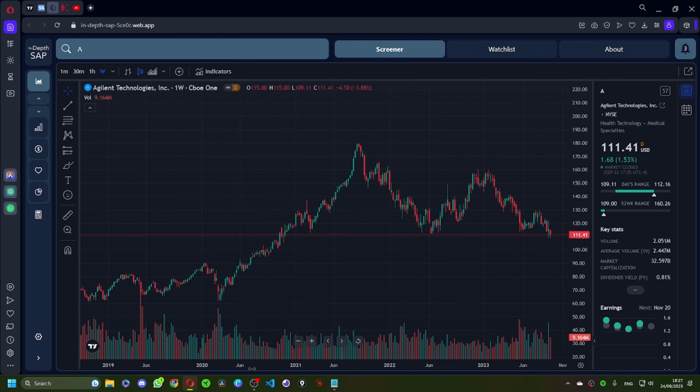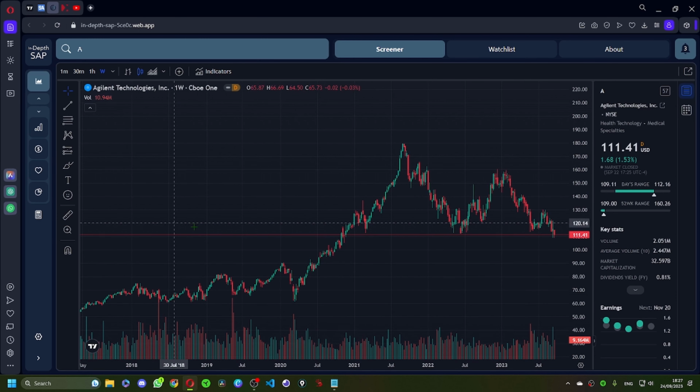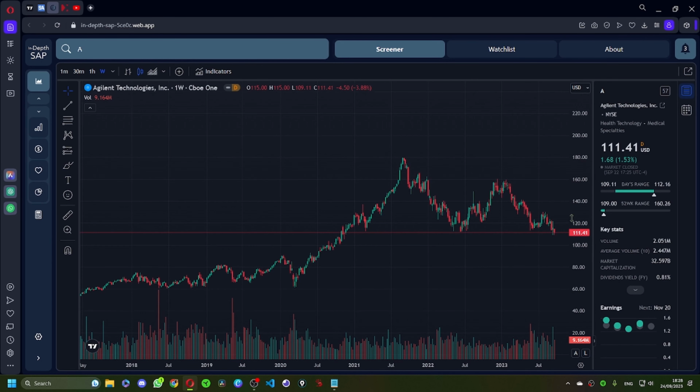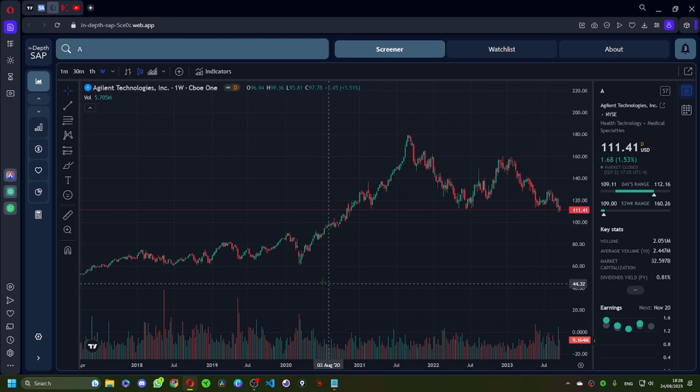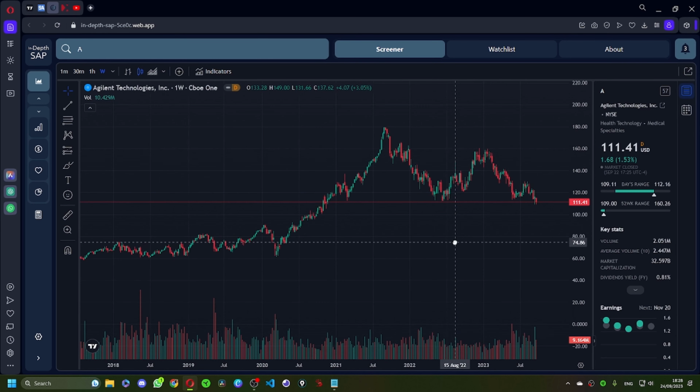And then you can analyze it using either the TradingView platform right here, but what I like to use is actually my own platform, which you can go to this link, as I said, sign up for free, and then you can analyze your companies here. Now, you can just follow along with what I do, and you'll be able to do everything I do on my platform, of course.